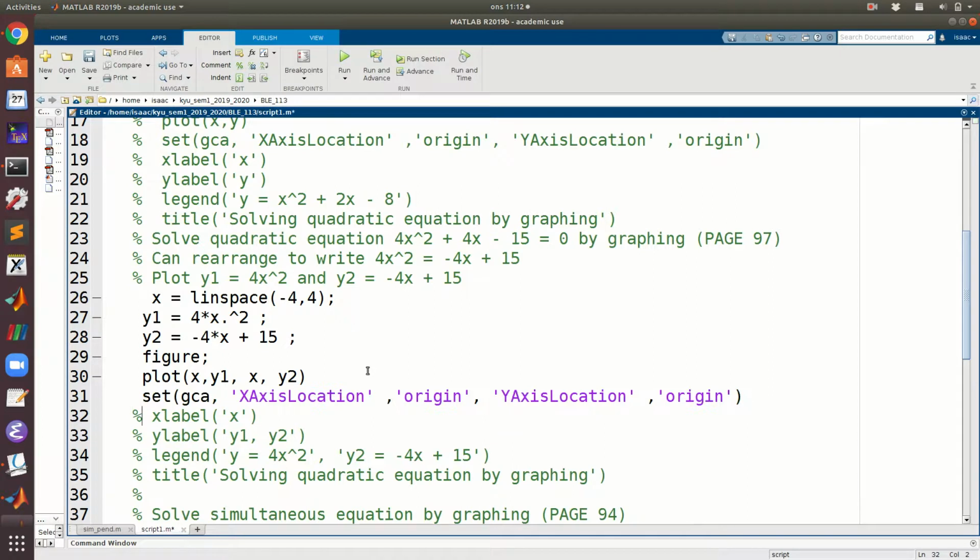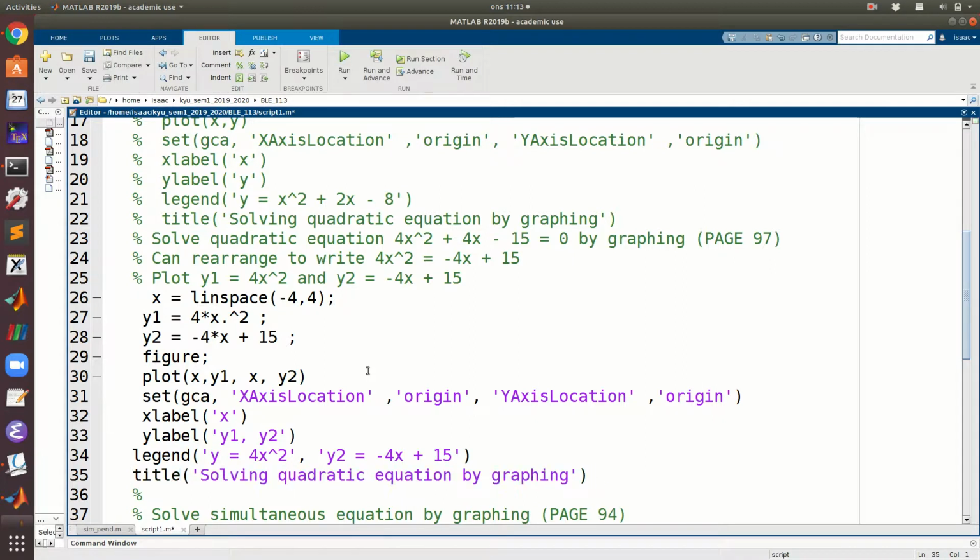So this one is setting our x axis and y axis at the origin. We are calling the x label x, and then the y label we have y1 and y2, and then the legend is going to mark those curve graphs, which one is x squared, the parabola, or which one is the line for -4x plus 15, and then this is going to tell us the title.